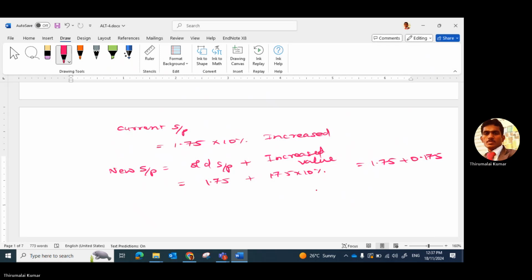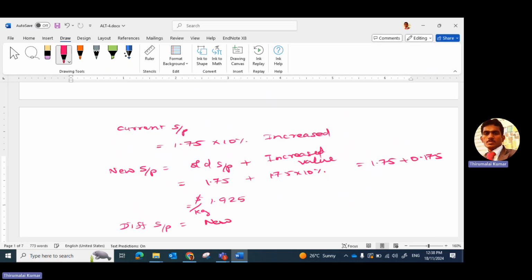So at the end, the total value is 1.75 times 1.1 indirectly. So the new selling price at the end is 1.925, right? But how much is the difference in the selling price?